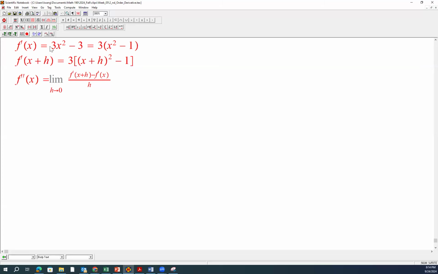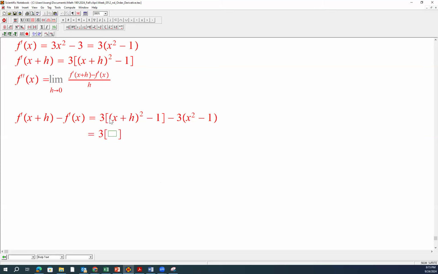right? F of x is such, and we're ready to work on the numerator. So I'm going to work on the numerator, and that's f prime of x plus h, subtracting f prime of x. Right? 3 is a common factor. Factored out, right?